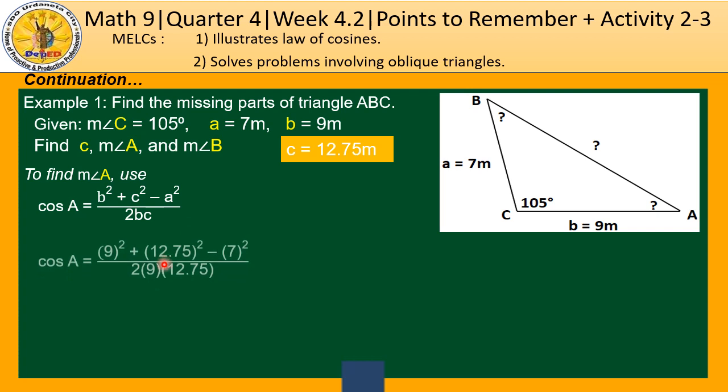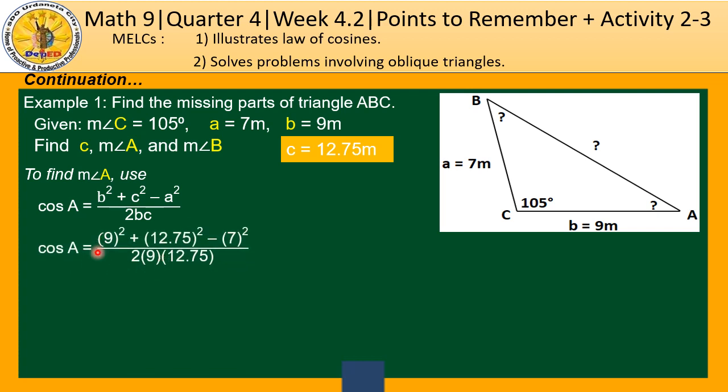Let us plug in the values. B is 9, C is 12.75, A is 7 meters, then the constant 2, B is 9 again, and C is 12.75.